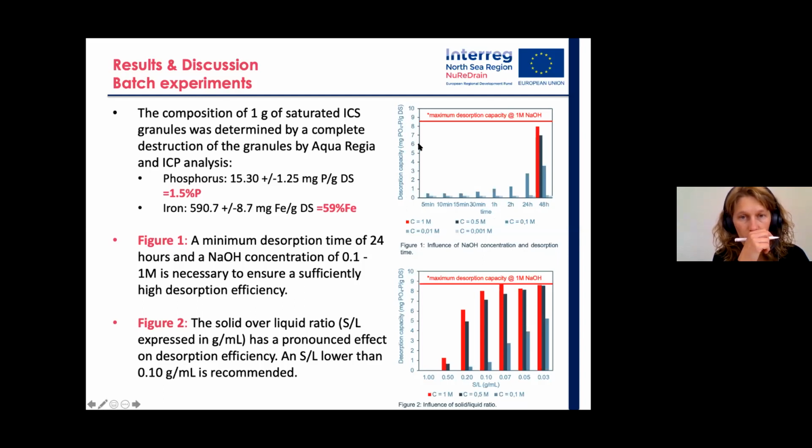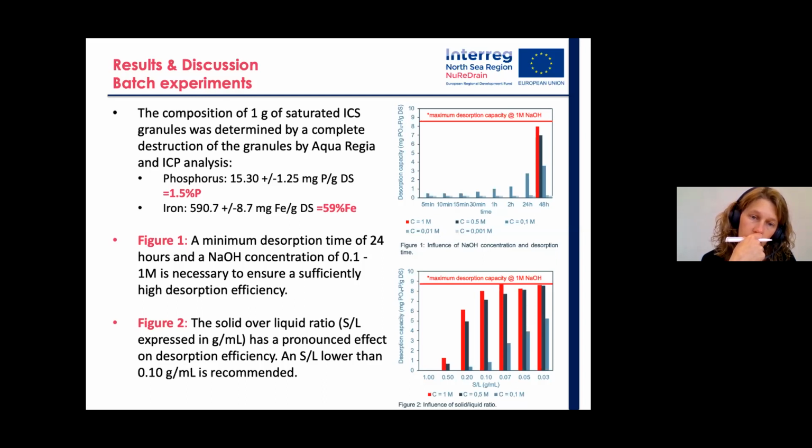What you can conclude from this figure is that you need certainly 24 hours, maybe even 38 hours to desorb a great part of the phosphorus from the granules. What you also can see is that when the concentration of the sodium hydroxide is higher, then there is more desorbed phosphorus from the granules.